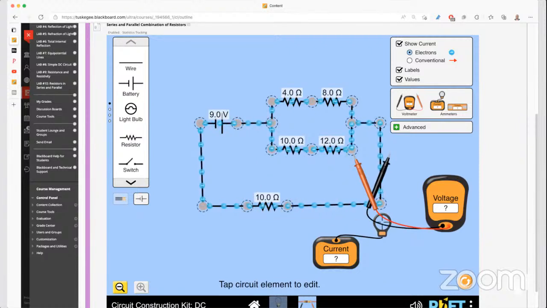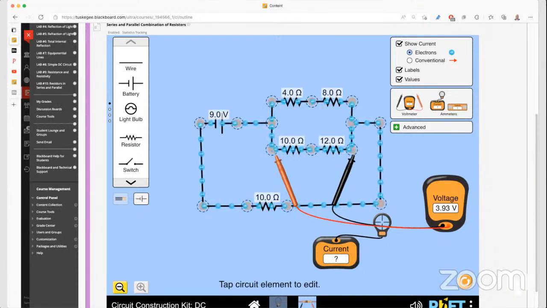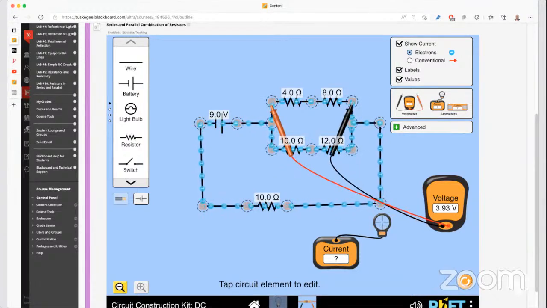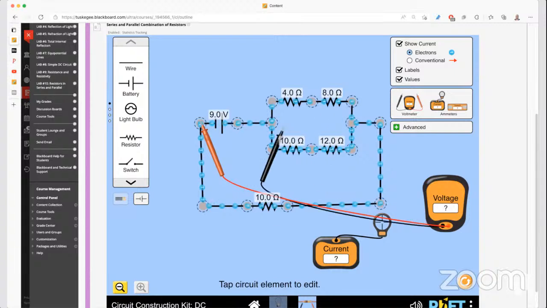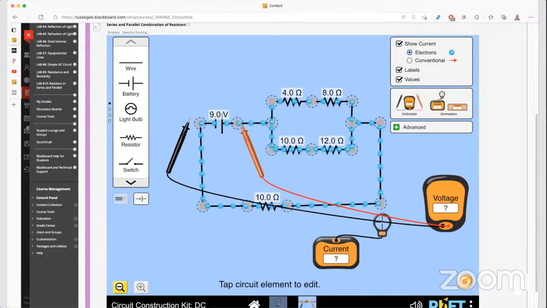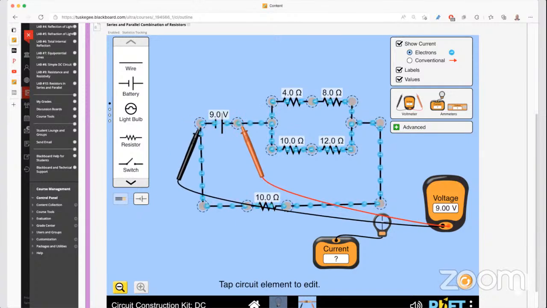Okay, so I have a negative value, so that means I need to reverse my probes, so 3.93, because the positive terminal is this way. So the positive, the red side should be towards the positive terminal. Okay, so this is a combo circuit.